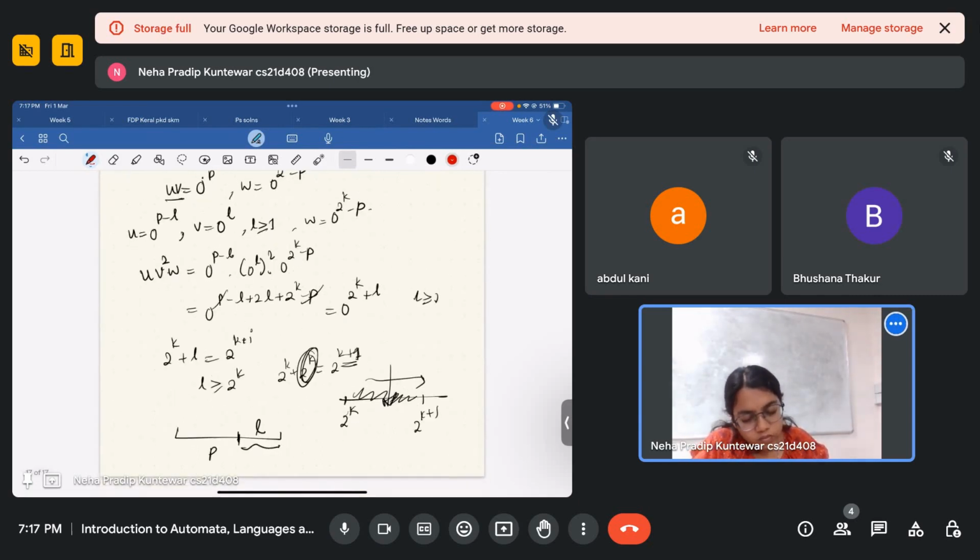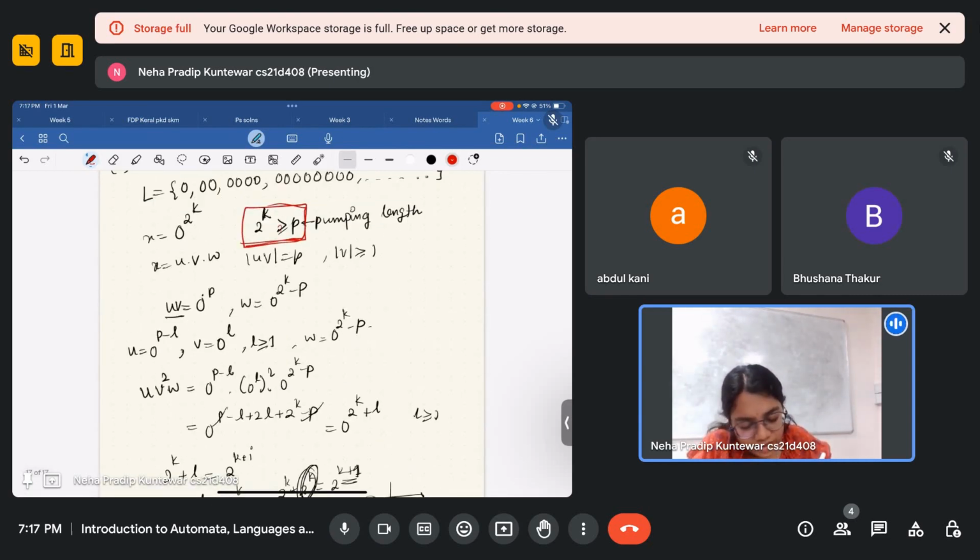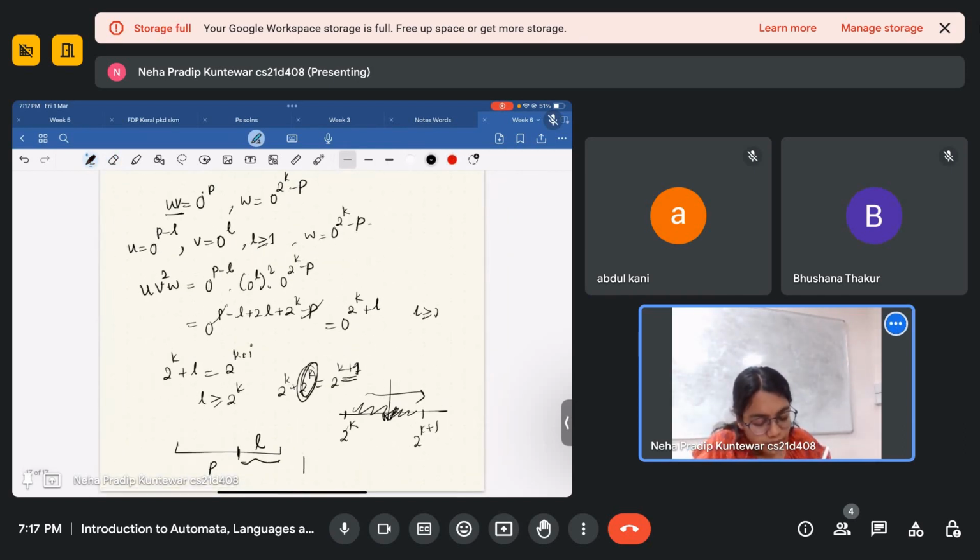Or maybe you can choose a p which is slightly larger. So what you have is l is strictly less than p, and p is at most 2 to the k. So if l is smaller than 2 to the k, then you can never reach 2 to the k plus 1. So this string is not a power of 2.